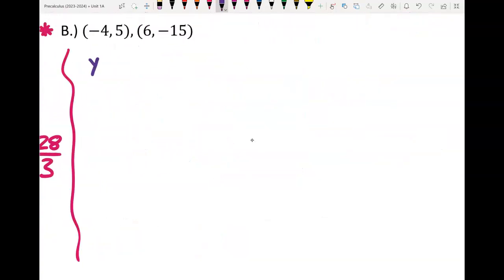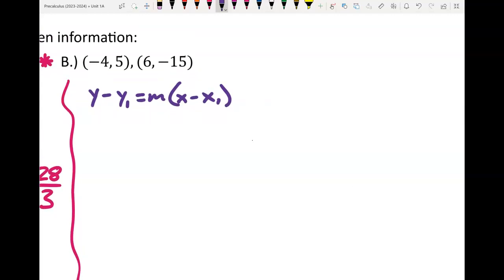So if I'm going to use my y minus y1 equals m times x minus x1, what are we missing? What do we need? M, our slope. But can we find our slope? Yes, we can use our slope formula. We can also think of it in terms of our difference quotient from yesterday.